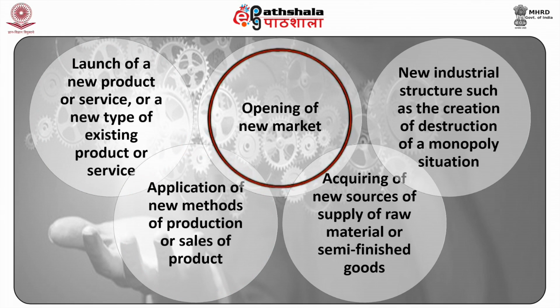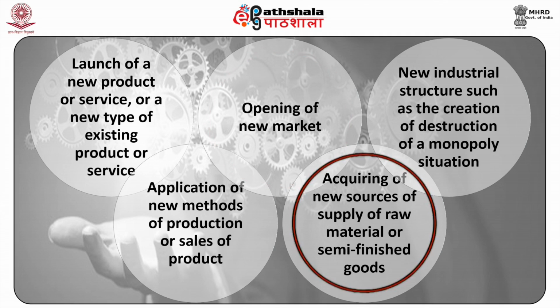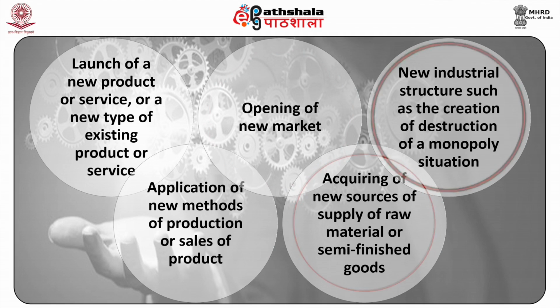Number three, opening of a new market. Number four, acquiring new sources of supply of raw material or semi-finished goods. Number five, new industrial structures, such as the creation or destruction of a monopoly situation.